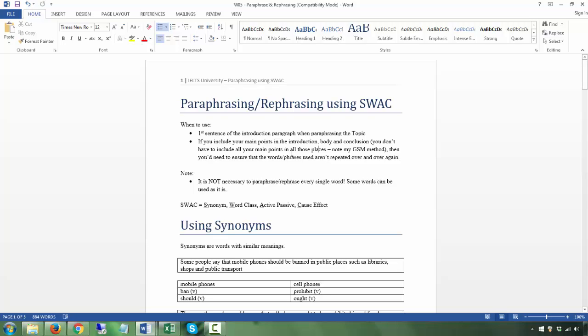If you're using the GSM method, where you actually write your specific points in the introduction, in the part where you address the question, and of course you're going to mention the specific points again in the body paragraphs, and you may mention them again if you want to in the conclusion, then you don't want to use the same words and the same phrases to mention those points again.